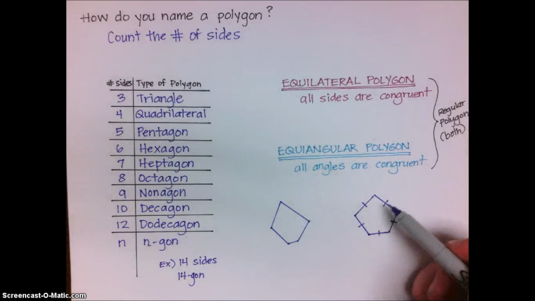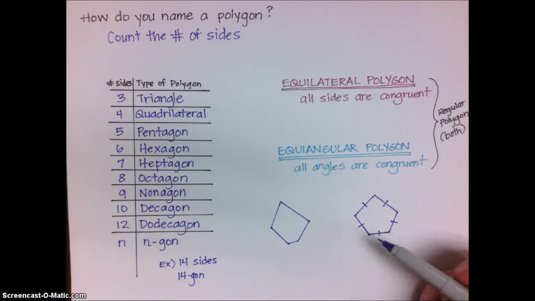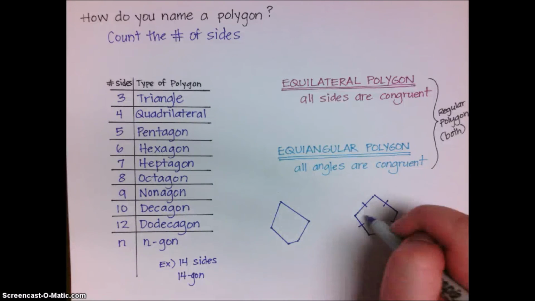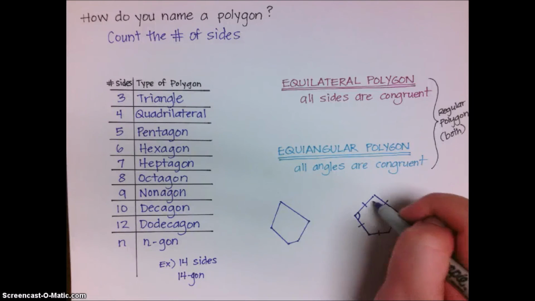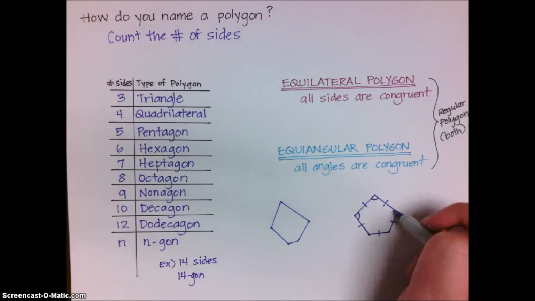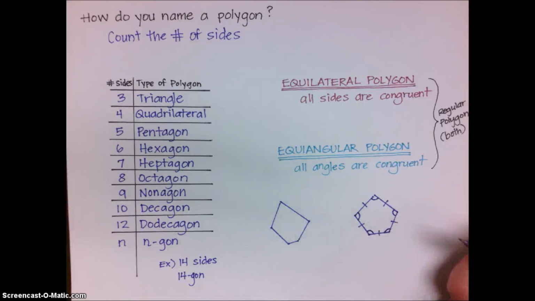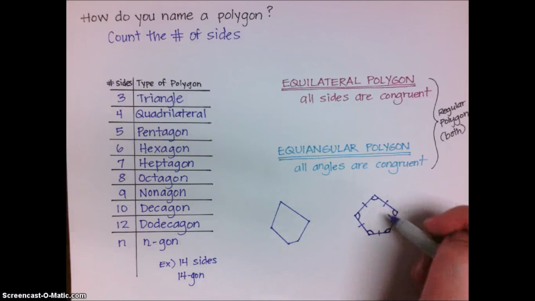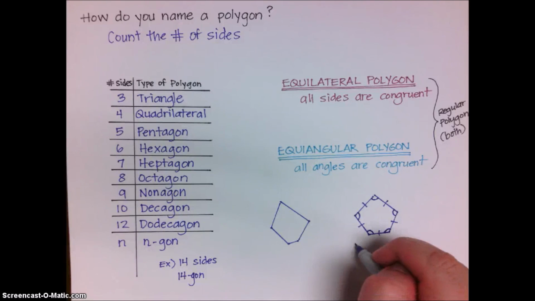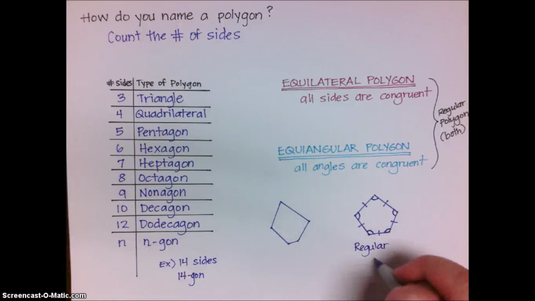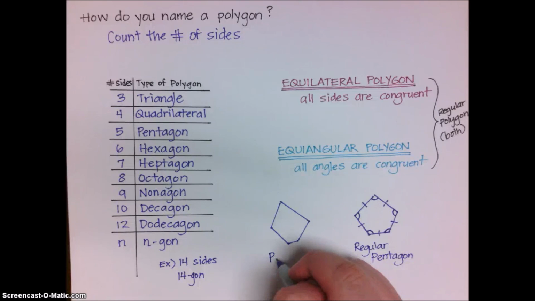And so 1 slash, if I see it elsewhere, that means it's the exact same length. And also, all of the angles have to be the same. So if I put one little arch in that corner, then that means that all of those angles are exactly the same. So this would be a regular pentagon. It has both of those aspects, where this is just any old pentagon.